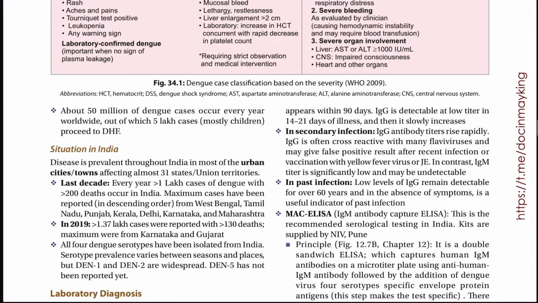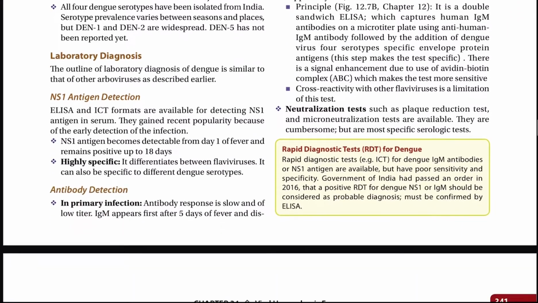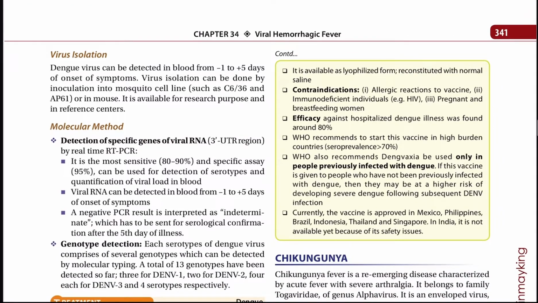MAC ELISA and neutralization test. In viral isolation, inoculation into a mosquito cell line is done for research purposes. And molecular methods, RT-PCR, and molecular typing for 13 genotypes.